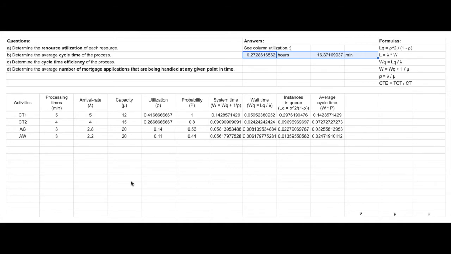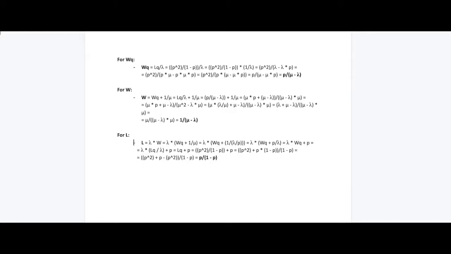Next, I will show you how these formulas were derived, and also I will show you that the results will be the same as shown a few minutes ago. So you can pause the video and give a look by yourself, but it's quite straightforward.